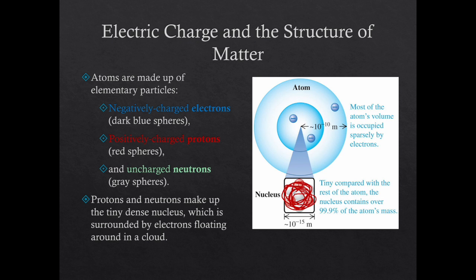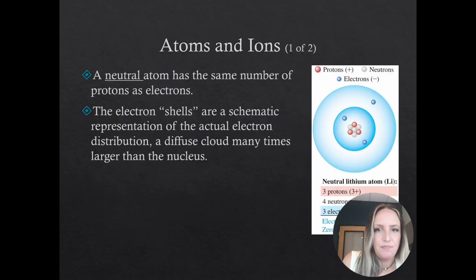So let's illustrate how the movement of electrons either creates a positively charged object or a negatively charged object by looking at an atom or an ion. For example, neutral atoms, neutral objects have equal amounts of positive and negative charges.